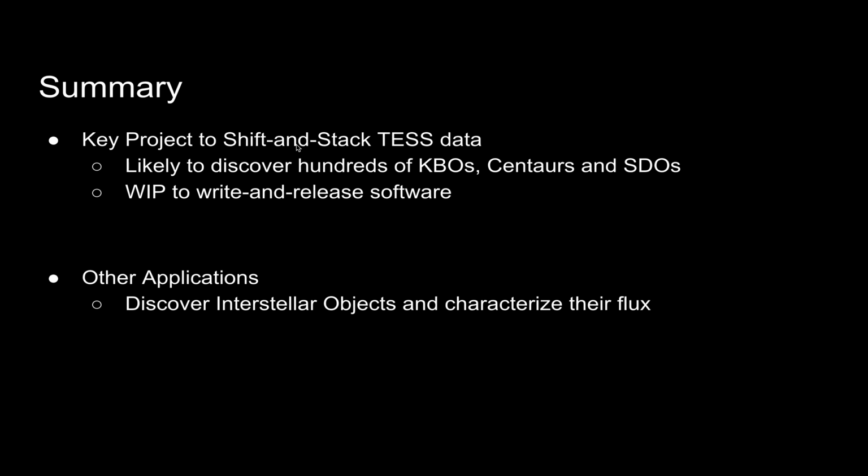It's going to be particularly scientifically important for these highly scattered populations like the centaurs and the scattered disk objects. We're developing code to do this analysis, and it will be released to the public. And then we also have some ongoing projects in parallel with this, in which we're trying to use the same techniques to discover interstellar objects.